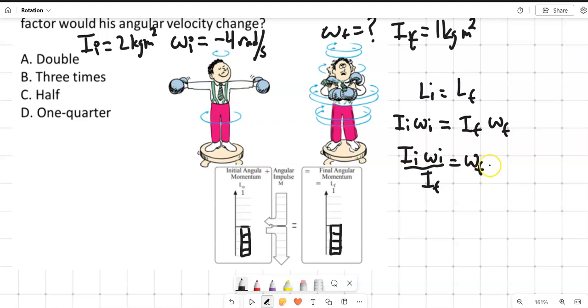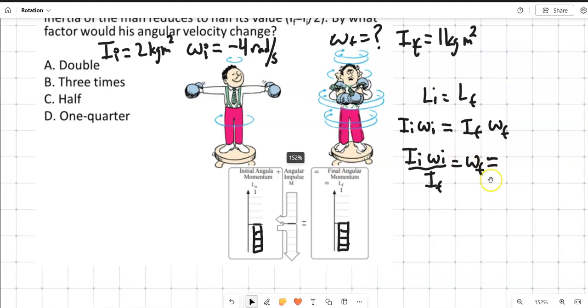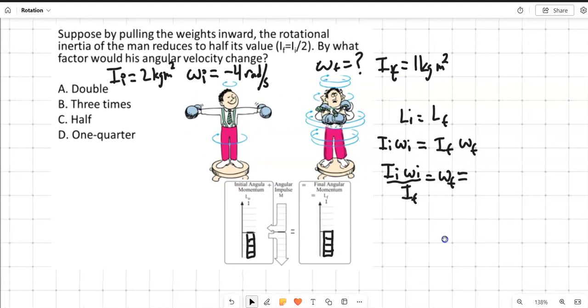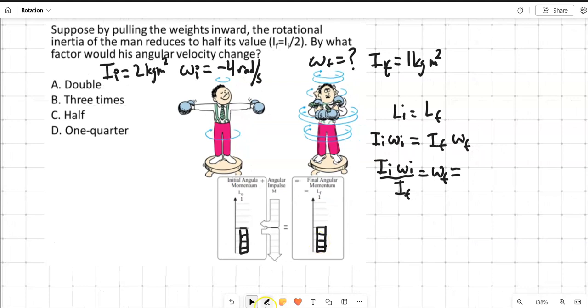Which means I'm going to give myself a little bit of room, and I'm going to zoom out. The initial moment of inertia is 2 kilogram meters squared.